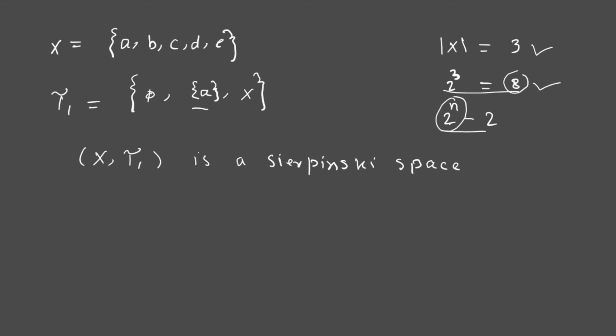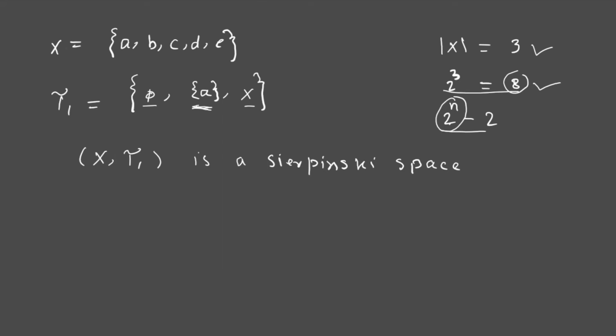And the Sierpinski topologies can be constructed in number 2 raised to the power n minus 2. So why 2 raised to the power n minus 2? Because in the Sierpinski topology we take phi and X, and other than phi and X, how many subsets can be created?